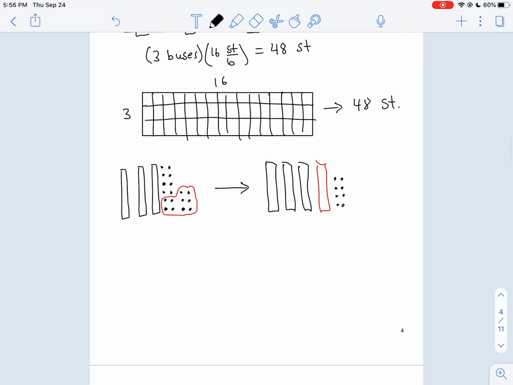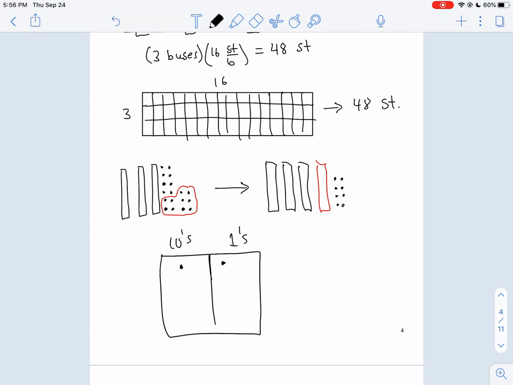Also a place value table, right? So if you're going to do a place value table, this will be the 1s and the 10s. All right, so we had 16 students to begin with. I'll use dots. And actually, let me make the table have a little more space that way.